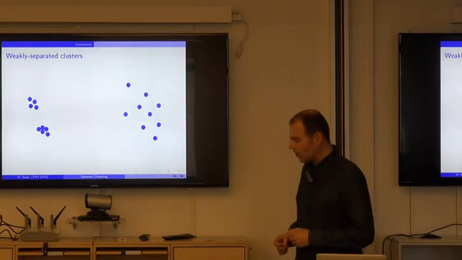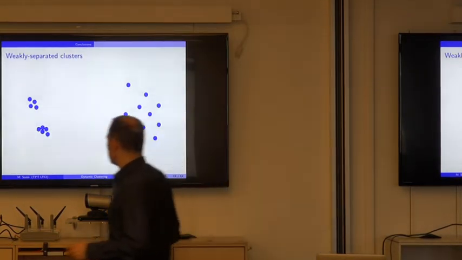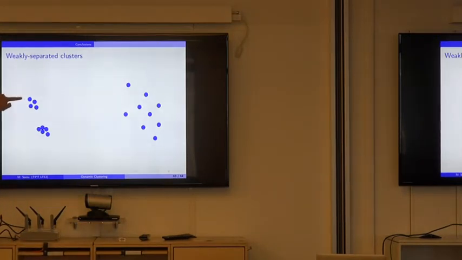If I consider one point and then take another point in the cluster, I would like this distance to be smaller than the distance between this point and a point in another cluster. So this is a weaker variant than what I showed you before.